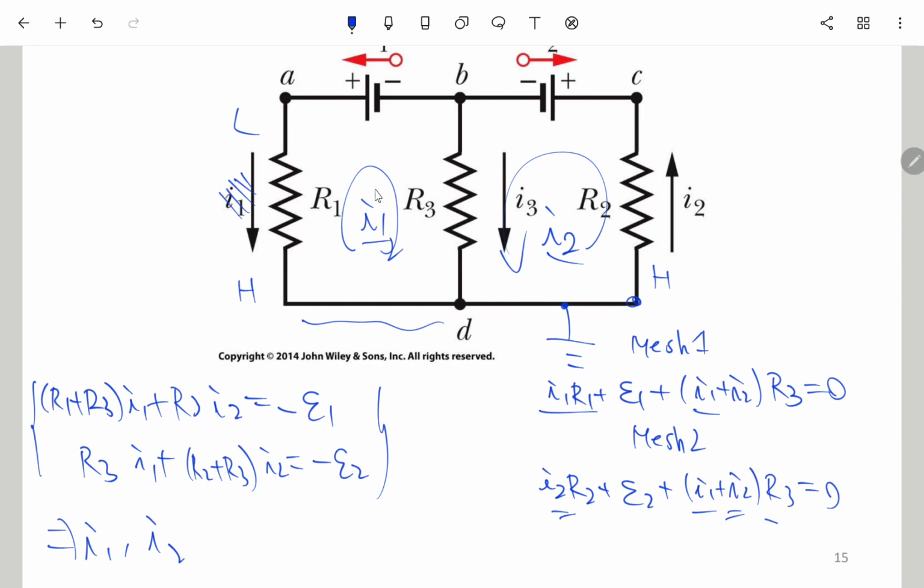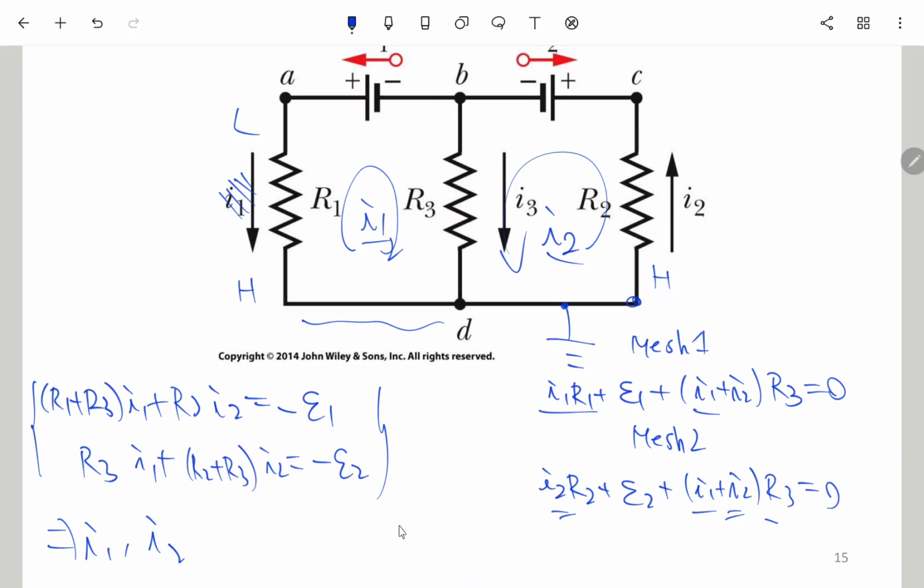After knowing I1 and I2, we can know all the potential differences. Let's say across this one, I1 times R1 will be the potential difference VDA, and for example VBD will be R3 times (I1 plus I2).